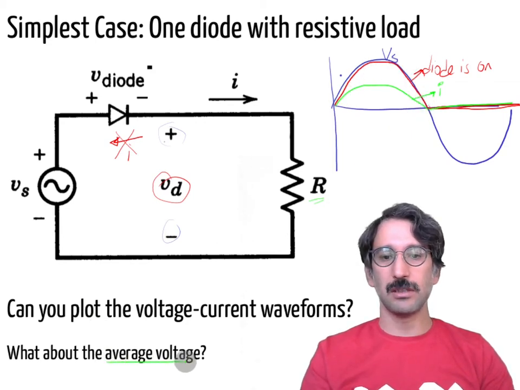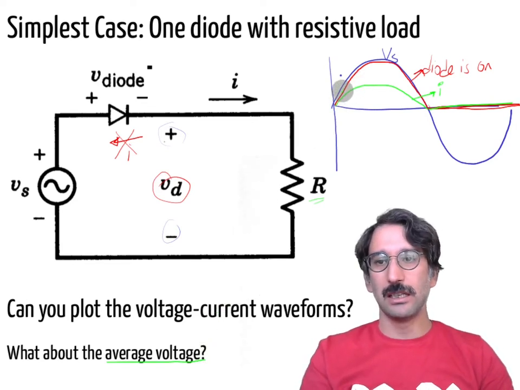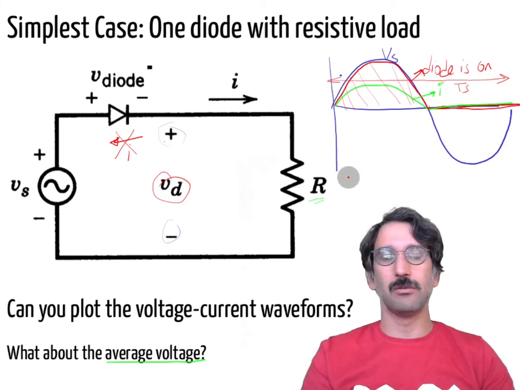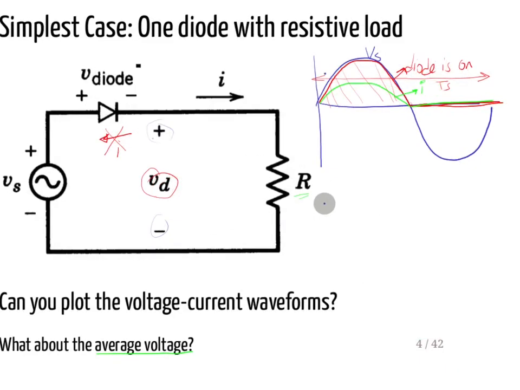So what about the average voltage? What can you say about the average voltage of the rectified waveform? In other words, what is the area under that, and if I take the average over one period, what should be the average voltage? Before that, let me ask you a simple question.